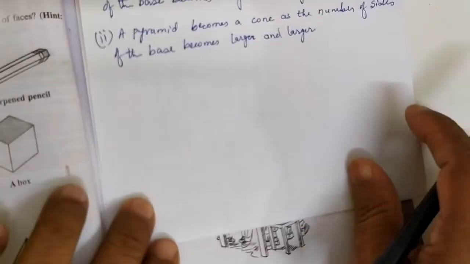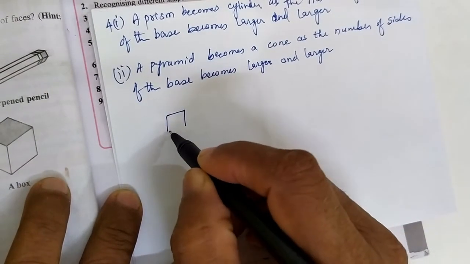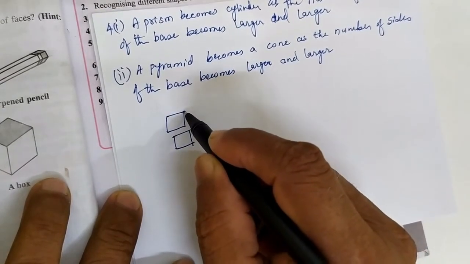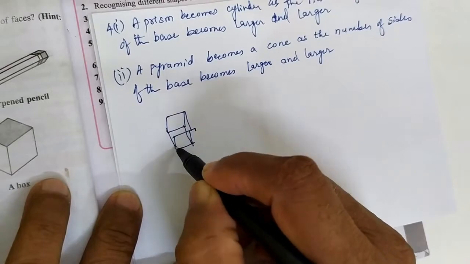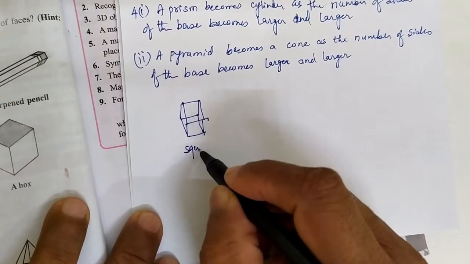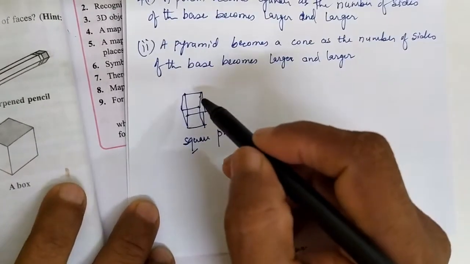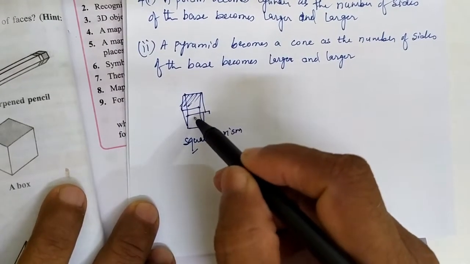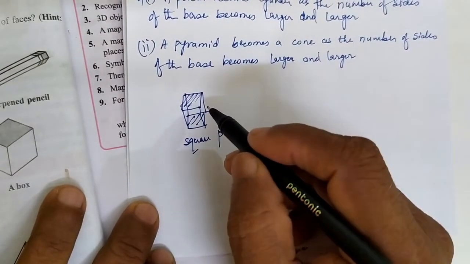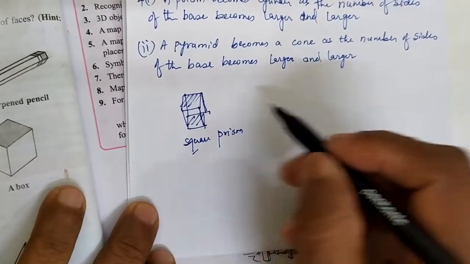You can see, if I take a base like this and take a little bit aside, like this, what is this? This is a square prism. But here you can see this face and the bottom face are the same, they are squares, whereas these sides are not squares, they are rectangular.